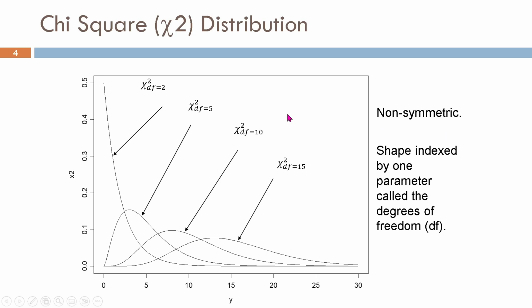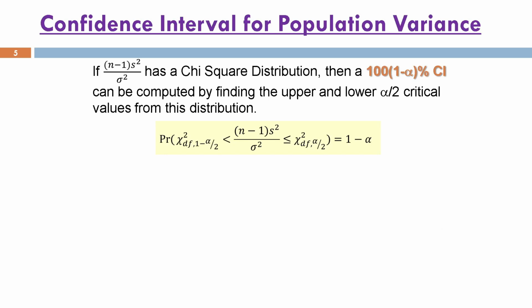Chi-squared and later the F distribution are non-symmetric with positive values. The chi-squared depends on one parameter, the degree of freedom, and reading the chi-squared table depends on the degree of freedom, like the t distribution table. Then how to find the confidence interval for population variance?